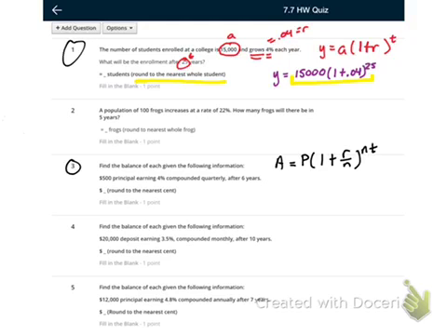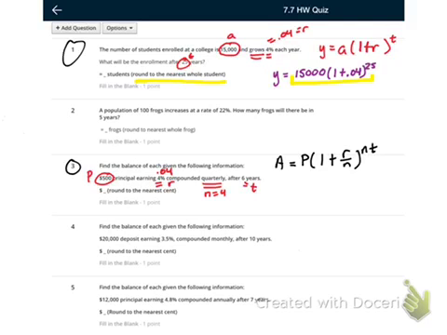So for this problem, let's pick apart what we need to know. Your principal, or your initial value, is $500, so this is P. We know the rate is 4%, so that's 0.04, so that's R. Oops. Compounded quarterly, there are 4 quarters in a year, so N in this case is 4, and T equals 6.